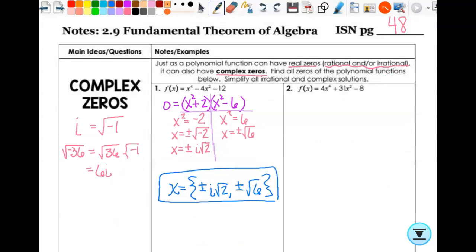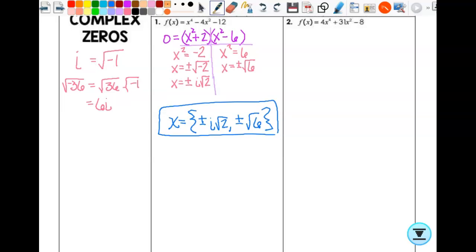Whew, my board is being slow and weird. All right, so a is not 1, so I'm going to multiply 4 times negative 8, gives me negative 32, which tells me that I can split my middle term, 4x to the 4th. Let's see, this will be a positive 32x squared minus x squared minus 8.